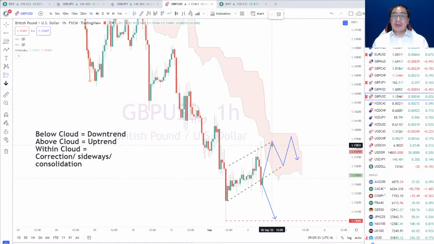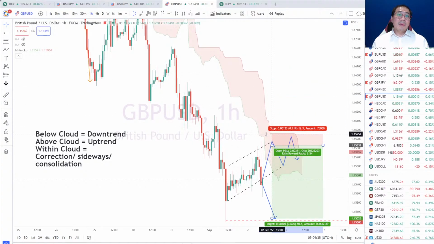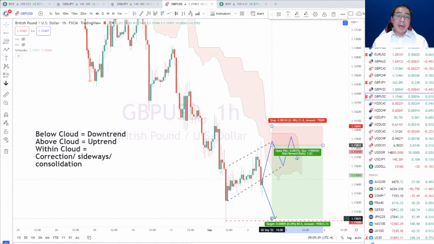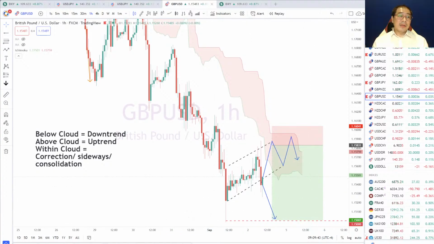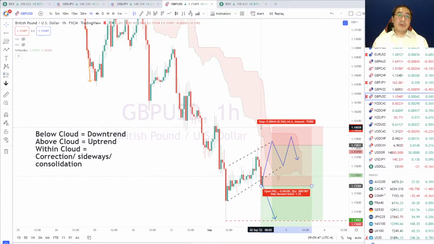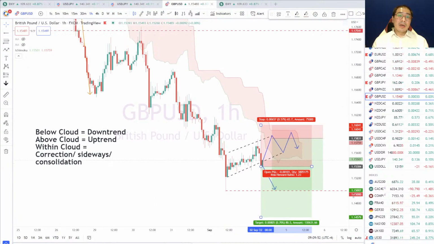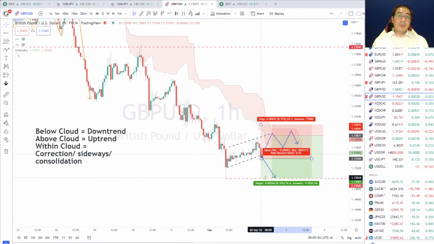So I will actually wait for price to go up, get tested, and be unable to break resistance. You could potentially get a short there with a slightly better stop loss, and then you get a much better risk reward ratio, right? Rather than going in short here, having a stop loss above 1.16, and then your target at 1.15.